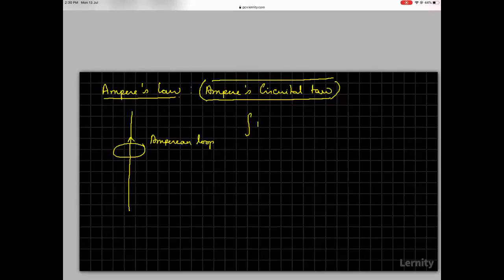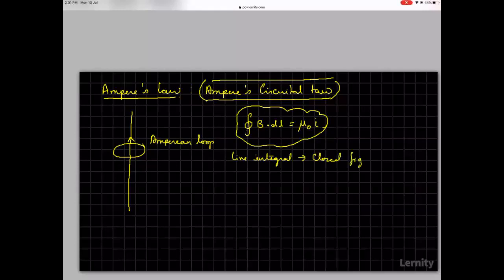Then integral B dot dl is equal to mu naught I. This is a line integral. The circle here implies that it should be a closed figure, where I is the current passing through the wire, through the loop, the Amperean loop.